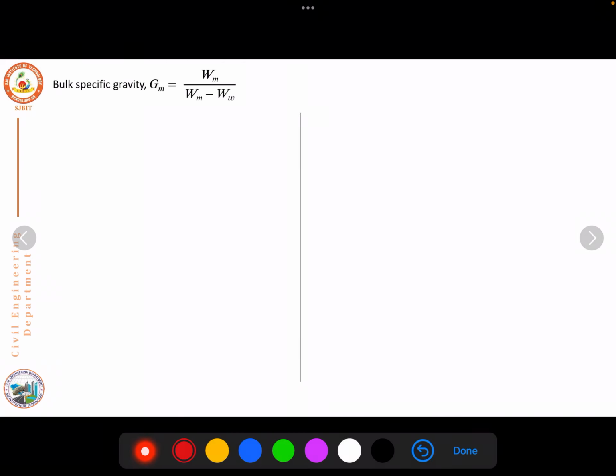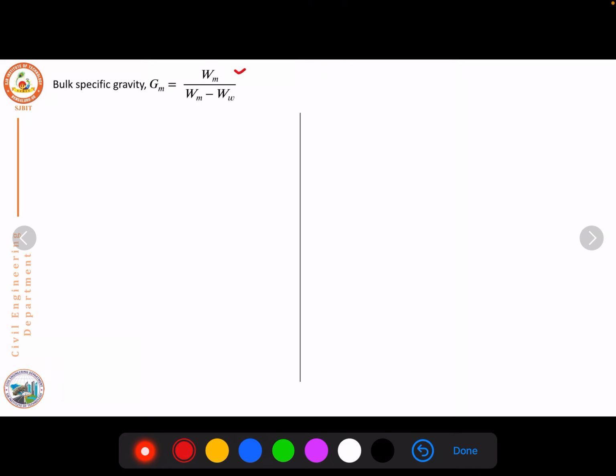Once you determine the theoretical specific gravity, find out the bulk specific gravity of the bituminous mix. This can be determined by taking the weight of the bituminous sample in air and the weight of the bituminous mix sample in water.